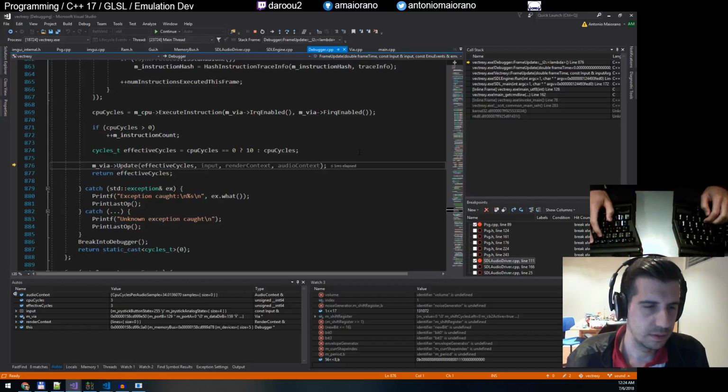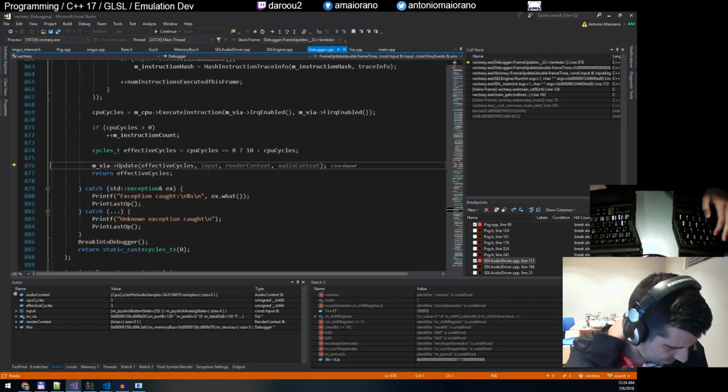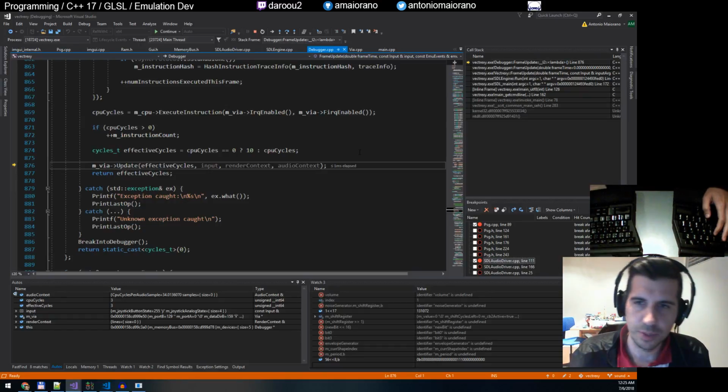All right, this is actually not called once per frame. Still being called once per CPU cycle.